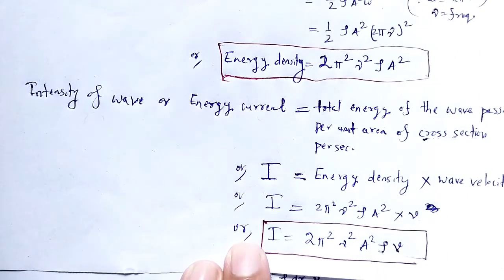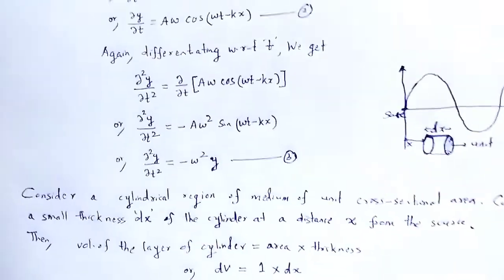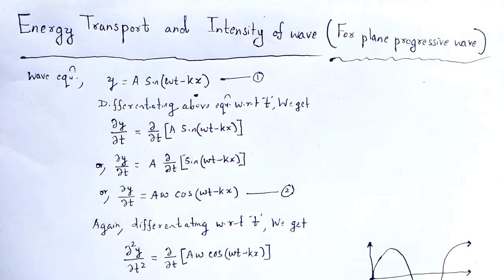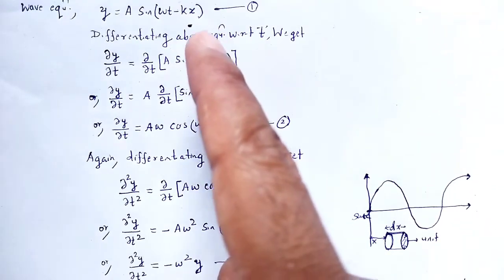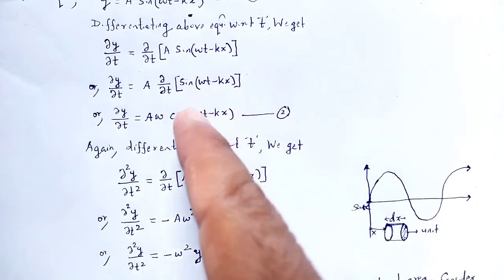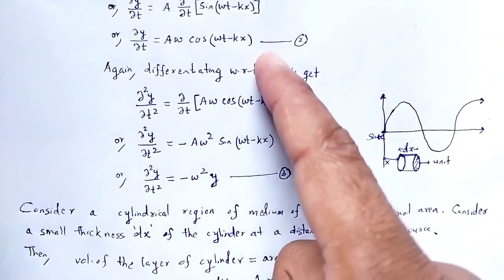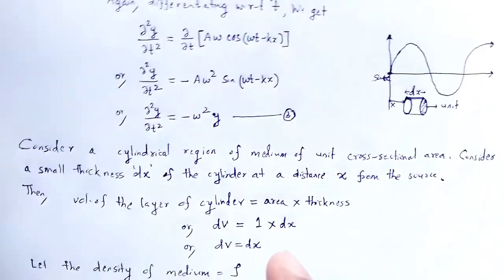So, with the help of this video lecture, we understand energy transport and intensity of wave for a plane progressive wave. We considered the equation of a plane progressive wave, differentiated with respect to t, and again differentiated with respect to t. These two equations helped us in deriving.